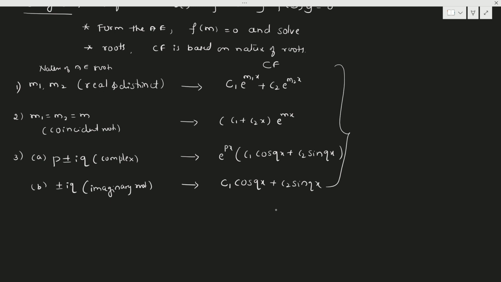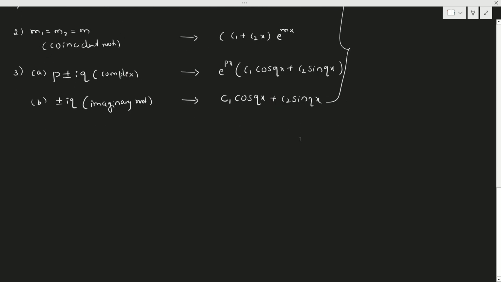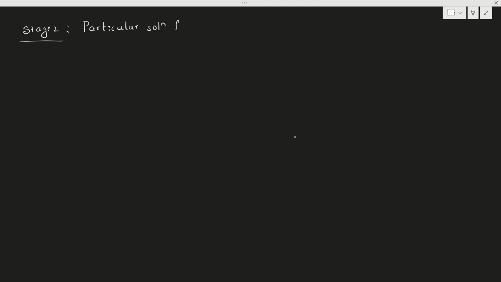This is stage 1. Then stage 2, as I mentioned, we have 5 standard forms of particular solution. Stage 2 is to find a particular solution of your non-homogeneous differential equation, which is of the form f(D)y equal to phi of x.